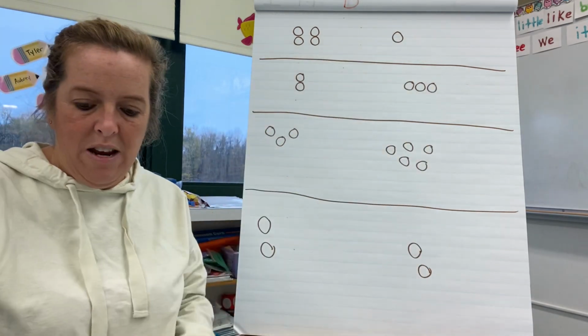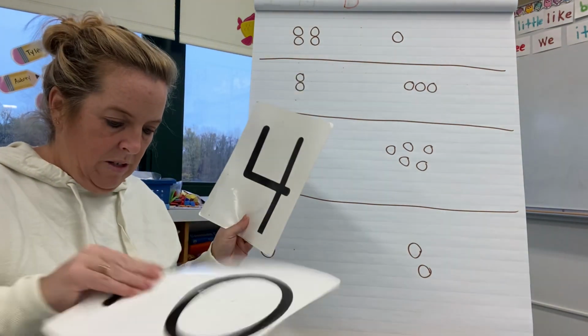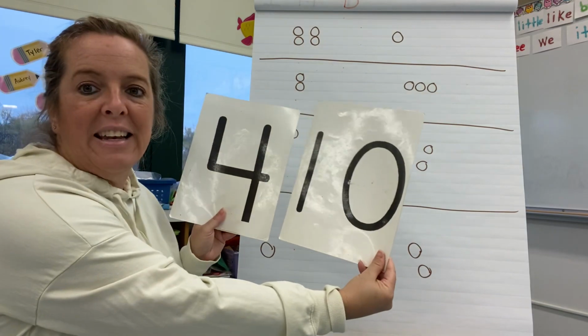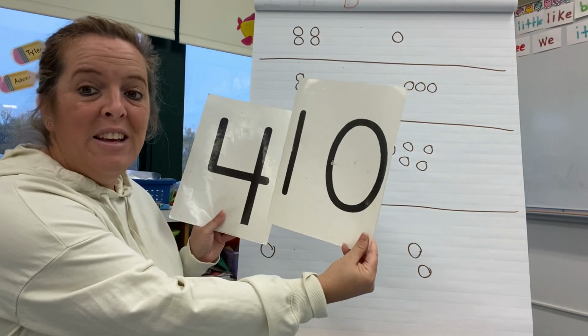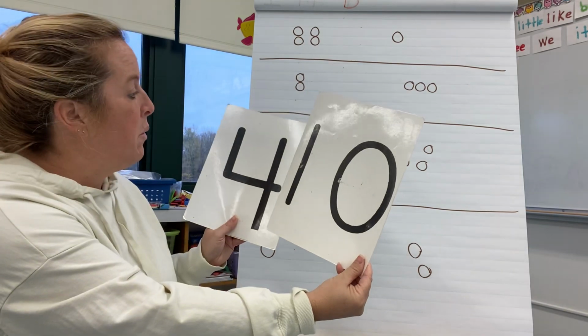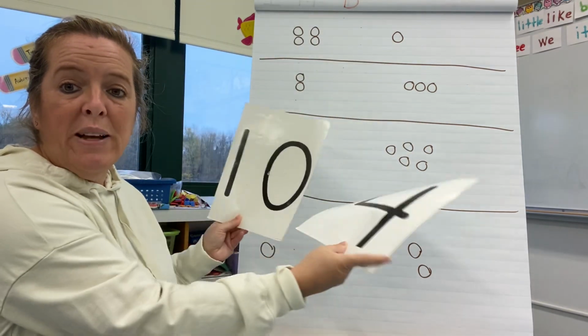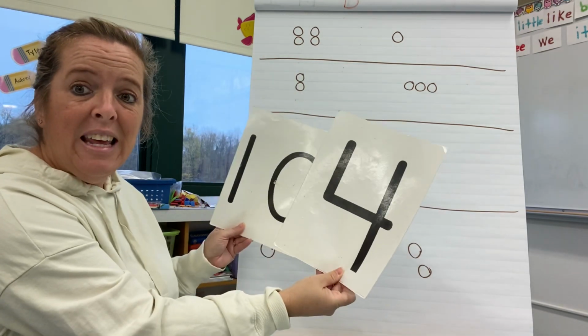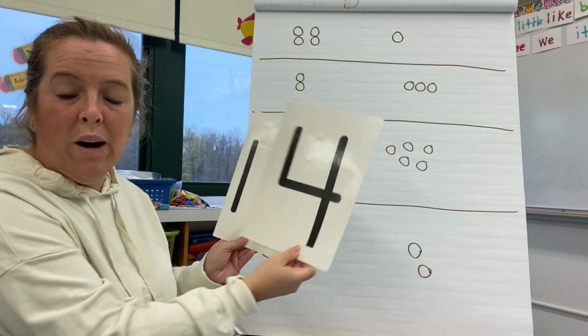All right, let's try another one. Let's try 4 and 10. Which one's bigger? 10. So if it's in order here, we would say 4 is less than 10, or we could switch it and say 10 is greater than 4 or bigger than 4.